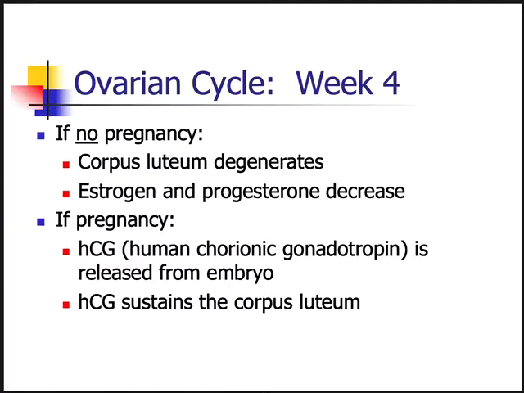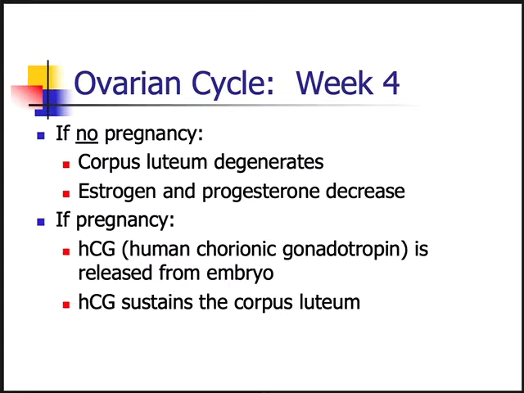Now, this HCG hormone is released from the embryo, but it's not until around 8 to 12 weeks that it's going to produce enough of the hormone to sustain your endometrium. But in the meanwhile, as those levels are growing, the HCG sustains the corpus luteum.